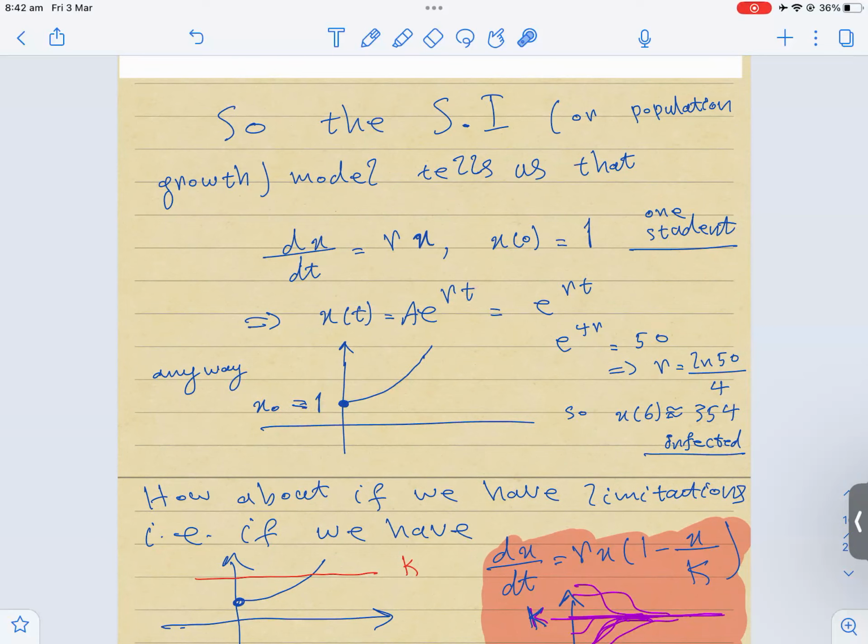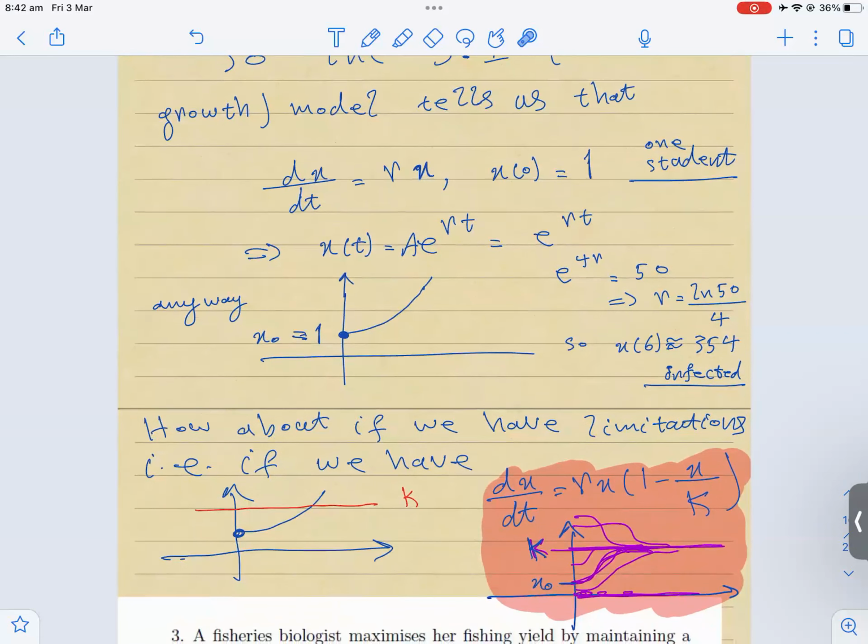But in fact, this is not realistic because we have only 1,000 students. We have limited resources. Even for a population of some species, we don't have infinite resources, so it will stop somewhere.